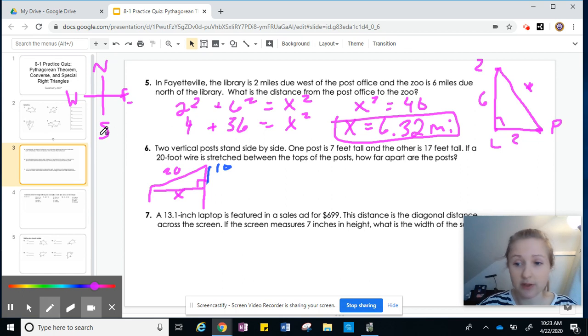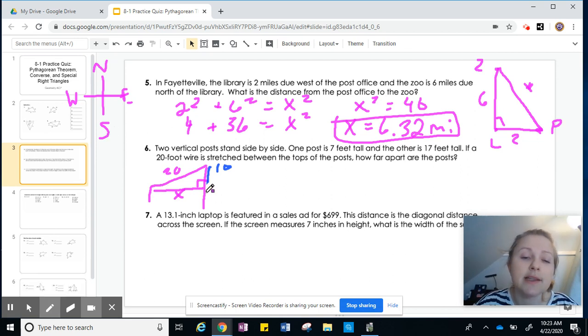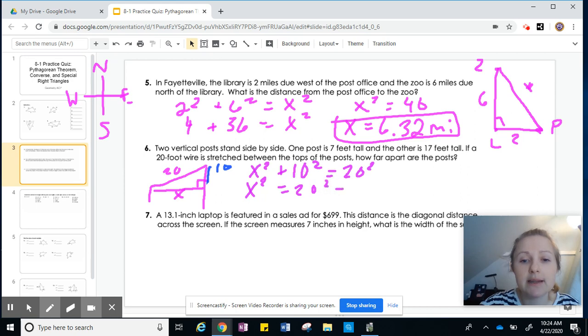All right, so now we've got a right triangle. We have x is a leg, 10 is a leg, and 20 is the hypotenuse because it's across from the right angle. So we've got x squared plus 10 squared equals 20 squared. So x squared equals 20 squared minus 10 squared.